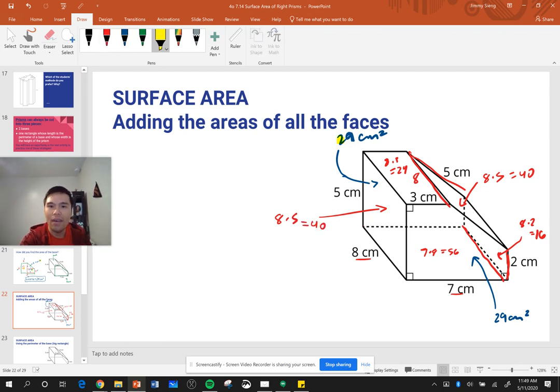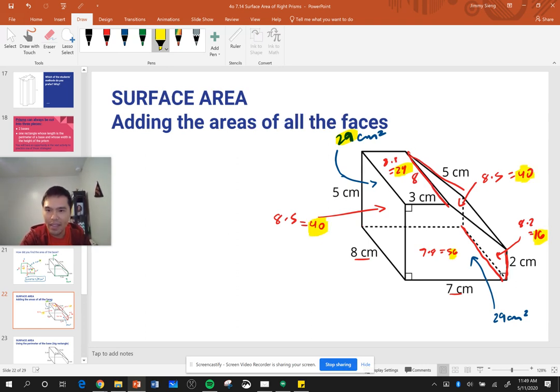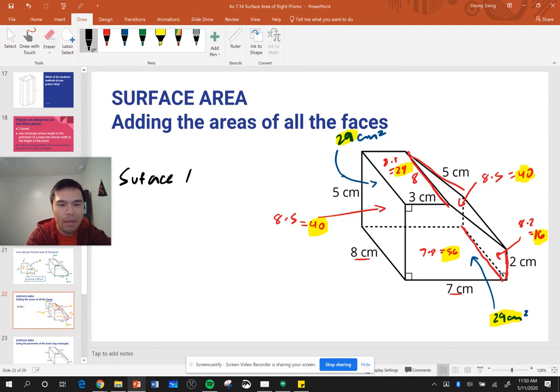Now I want to add all those numbers together. I'm going to highlight them in yellow. Those are the ones I want to add together. So let's add those up. In this case, our surface area is equal to 29 plus 24 plus 40 plus 16 plus 56 plus 29 plus 40.